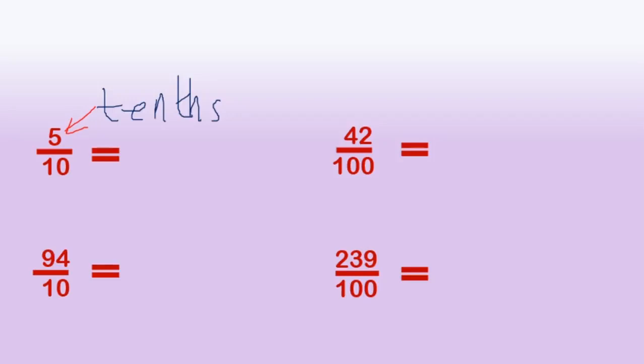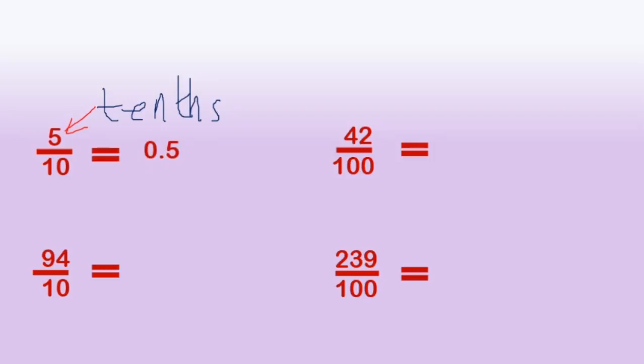There's no ones column, no tens and hundreds, so we're going to use 0 point to represent that, and there's no hundredths column or thousandths column, so we're going to have 0.5, and that is going to be our final answer.